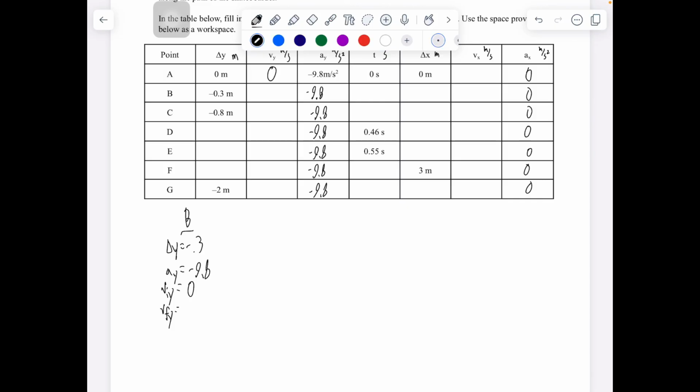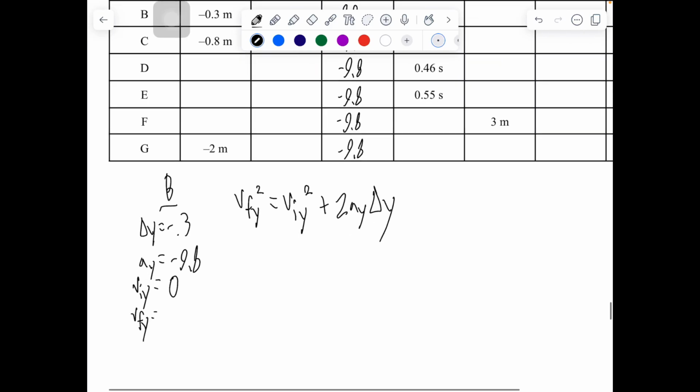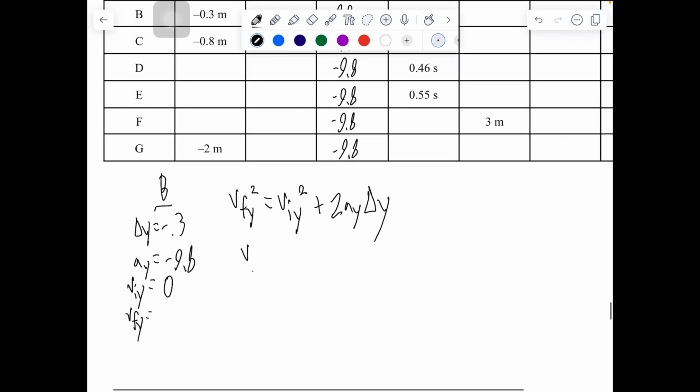So let's use final velocity squared equals initial velocity squared plus 2 acceleration y delta y. Final velocity is something we're solving for. Initial velocity is 0, it's just going to drop out. 2 times negative 9.8 is negative 19.6. Delta y is, of course, our negative 0.3.